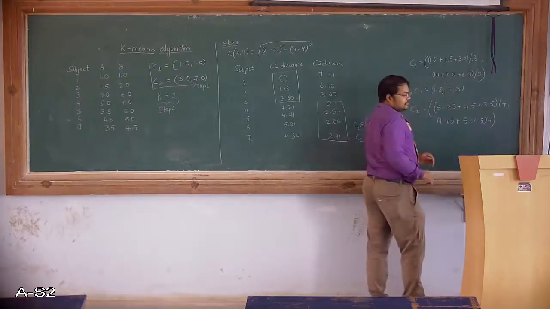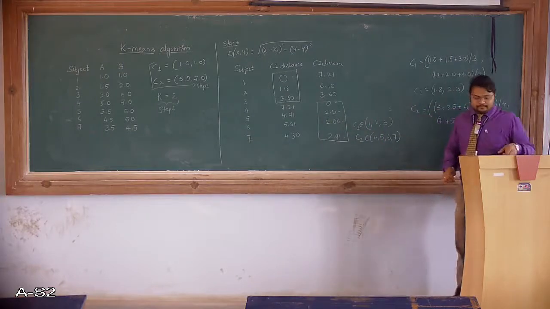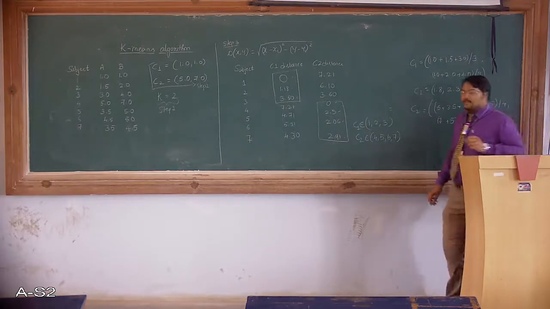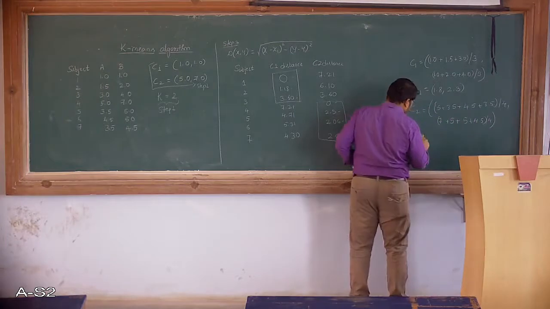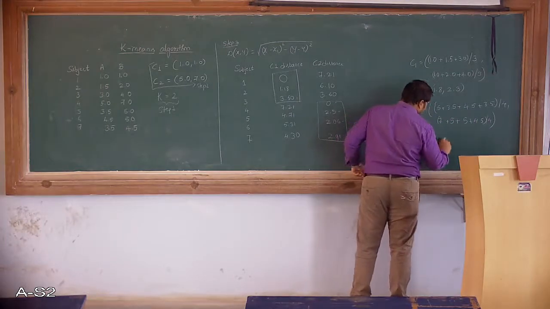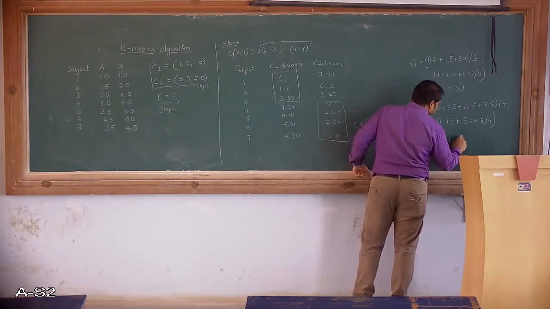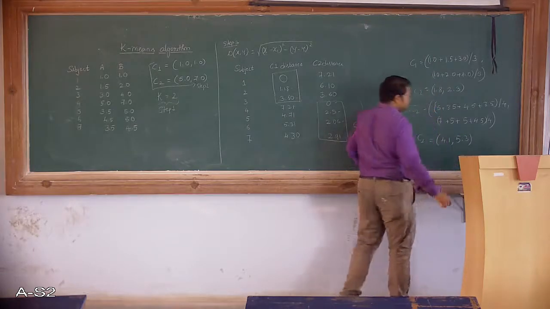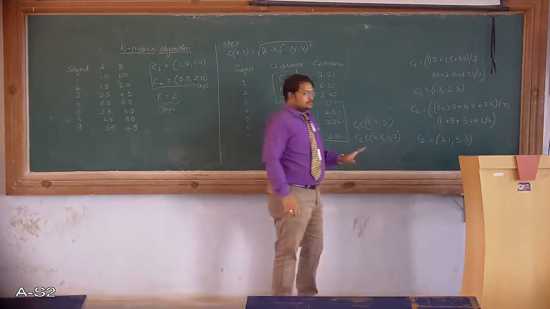So now this will be my cluster 2. The value for this would be 4.1, comma, 5.3. Okay, so got this.